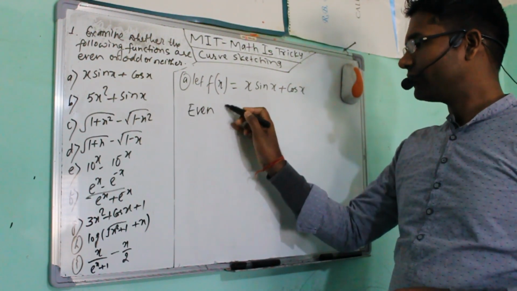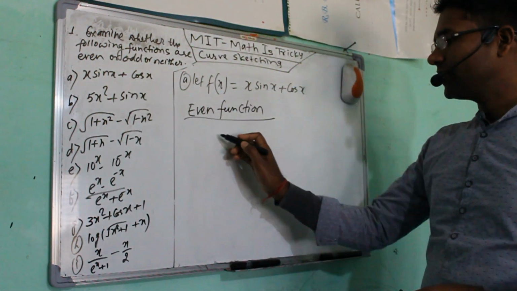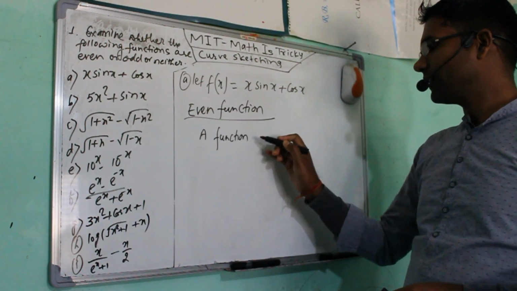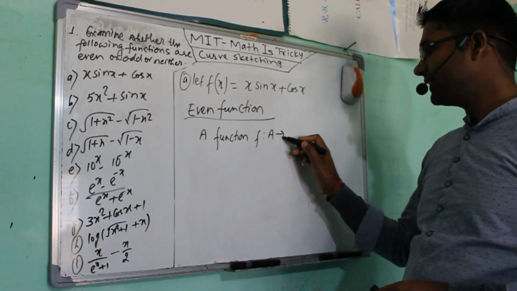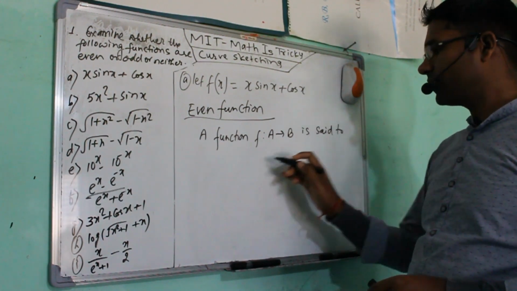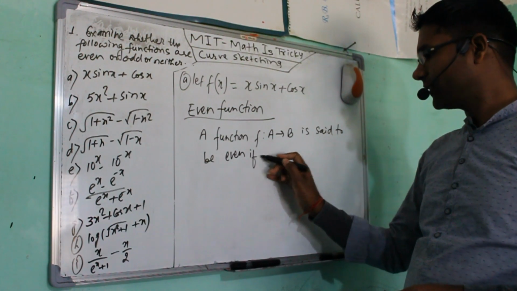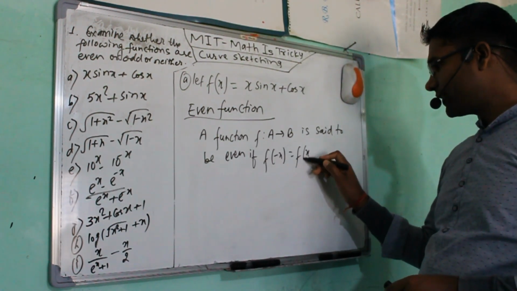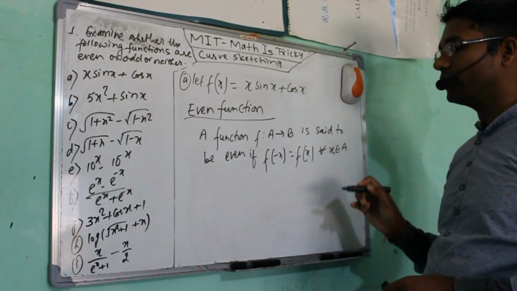Even function. A function f from A to B is said to be even if f of minus x equals f of x for all x belonging to A, the domain.